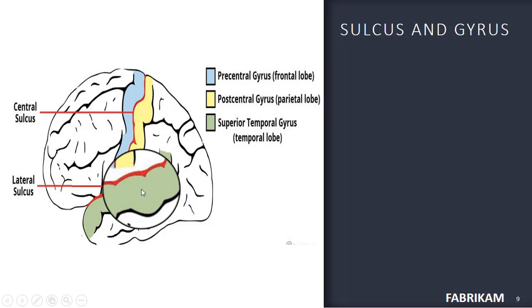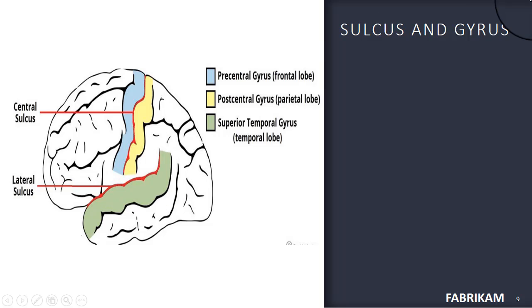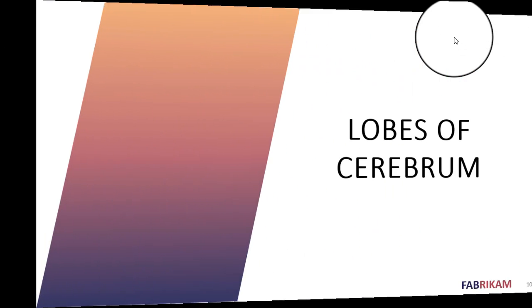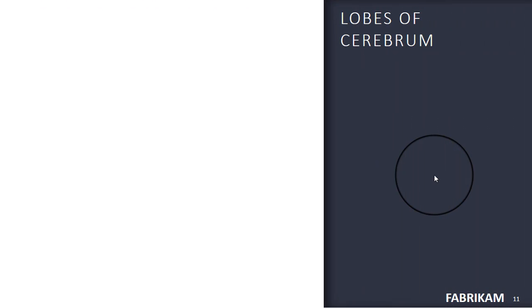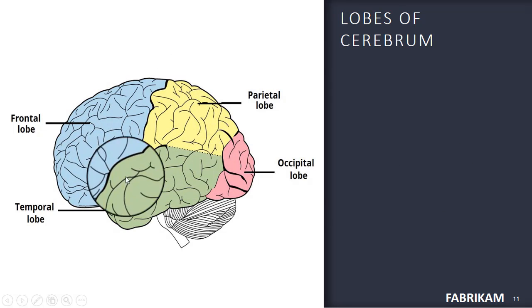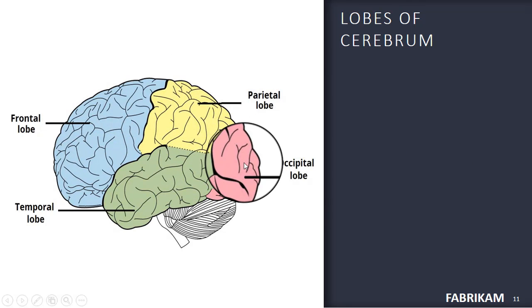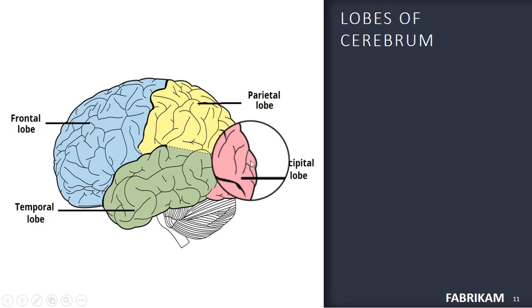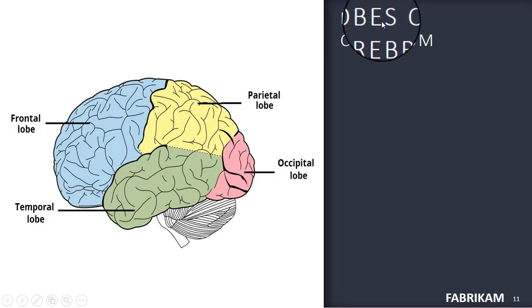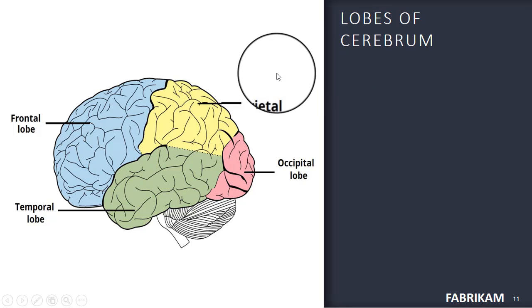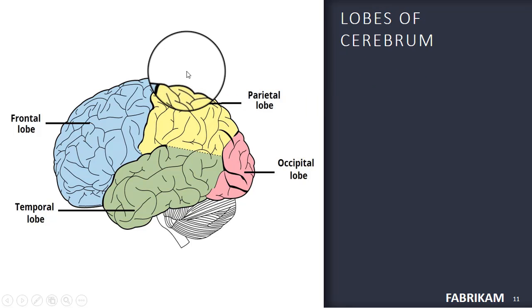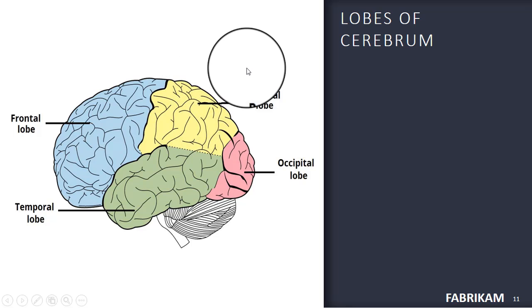So this was all about the main sulci and gyri. Now, as you can see here on the screen, the parietal lobe, frontal lobe, temporal lobe and occipital lobe. So let's talk about the lobes of the cerebrum. The cerebral cortex is classified into four lobes according to the names of the corresponding cranial bones that approximately overlie each part.